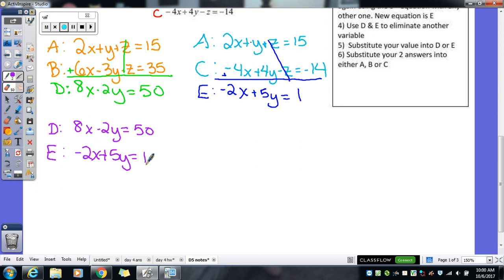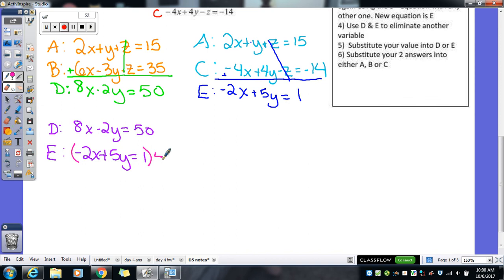So now using those two, we have to do what we did up above. We have to cancel out either our x or our y so that we can get one of our values. As I'm looking at this, I got an 8 and a negative 2 for my x's, and then I got a negative 2 and a positive 5 for my y's. I think it's going to be easiest to go for x's.